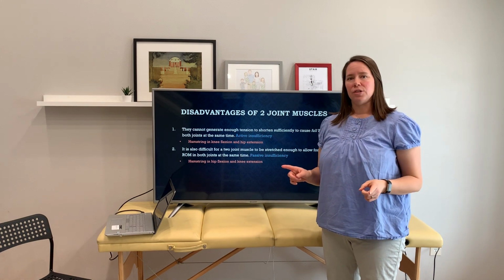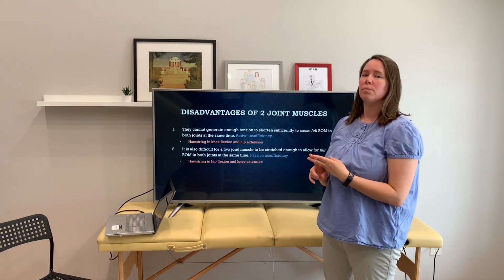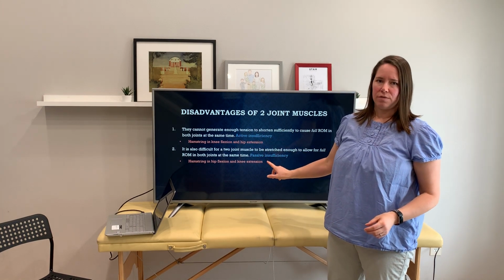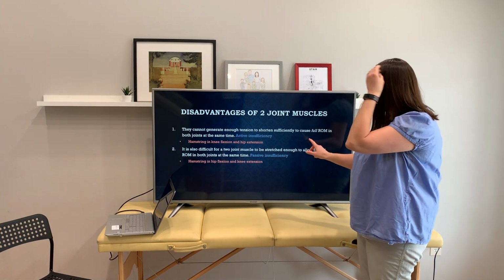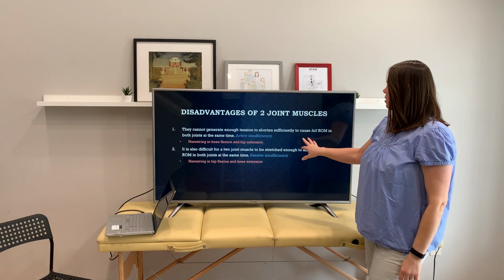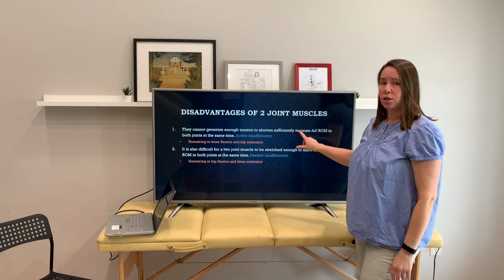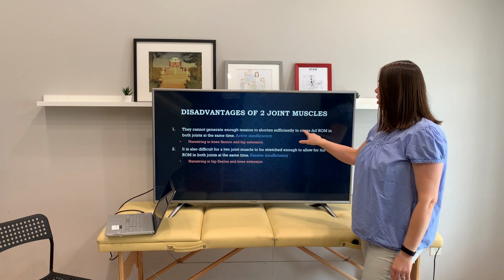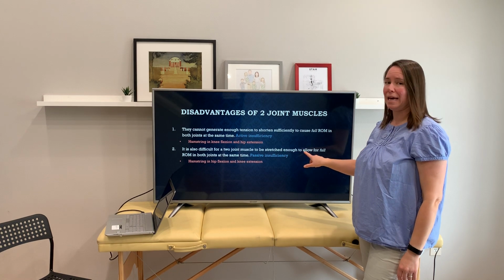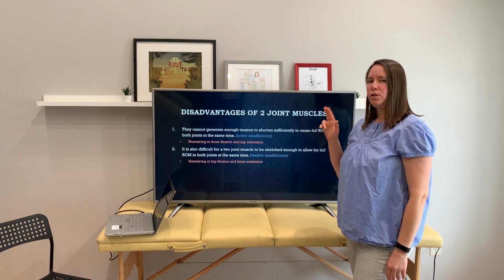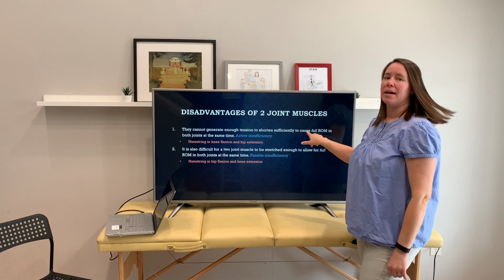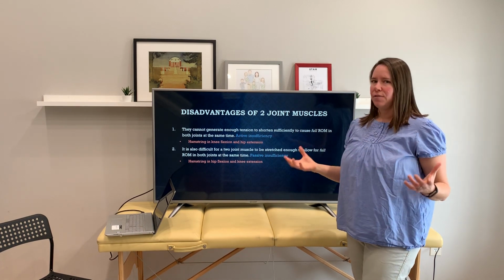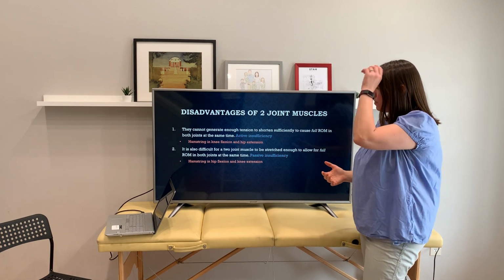Now, there are some disadvantages, and there are 2 terms that are really important to know: active insufficiency and passive insufficiency. So for active insufficiency, there are a couple of terms here that can clue you into what's happening. When it says here to cause, or when it says here to allow, those can clue you into this being an active, contracting thing, and this being more a passive thing that's happening to the muscle.